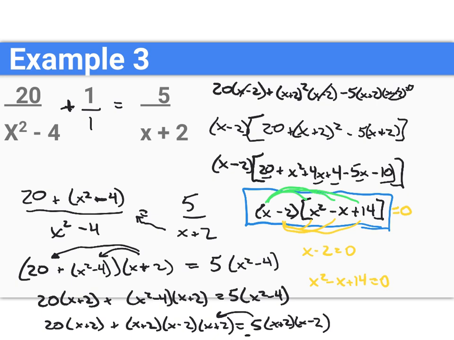Because that second trinomial is not factorable, you would have to use the quadratic formula and get some irrational numbers, and we're not going to worry about that at this time. We just want to worry about doing the math related to this lesson.